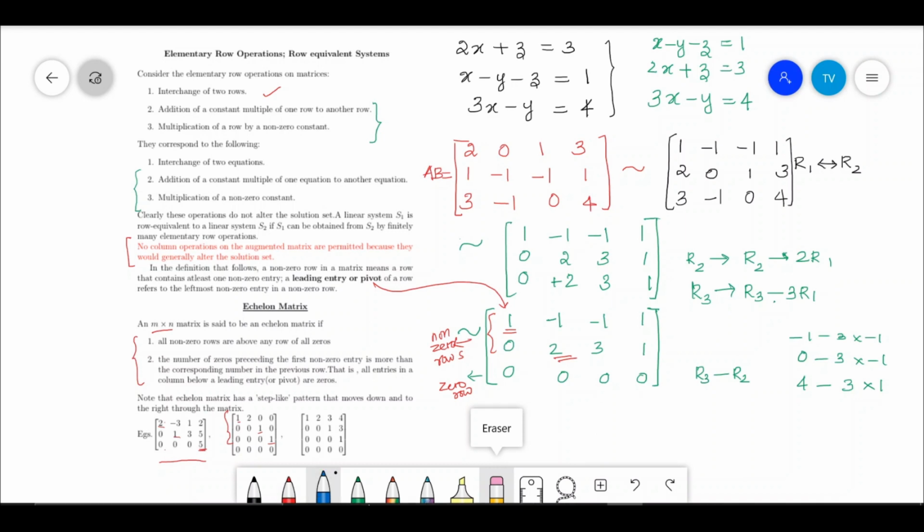That means, let me call this matrix 1, this matrix 2, matrix 1 is equivalent to 2 and 2 is equivalent to 3, because all these are generated by elementary row transformations, and we have the echelon matrix 4 which is equivalent to the previous ones. So by using elementary row transformations we are just generating equivalent but simpler matrices.